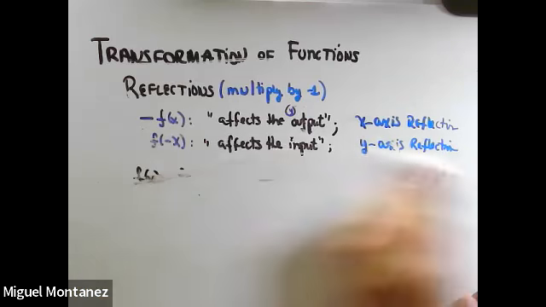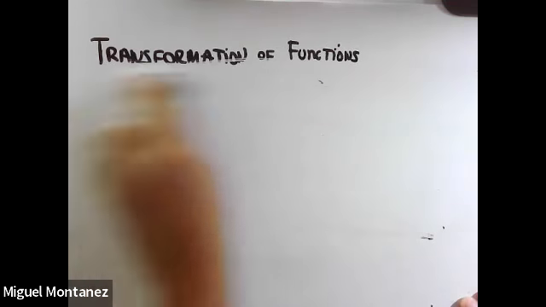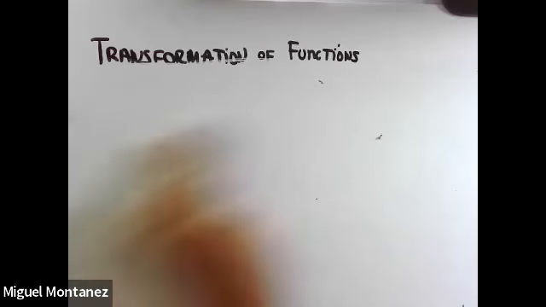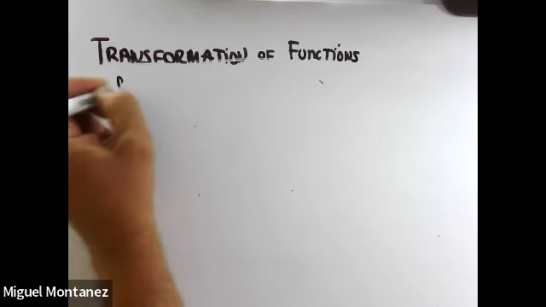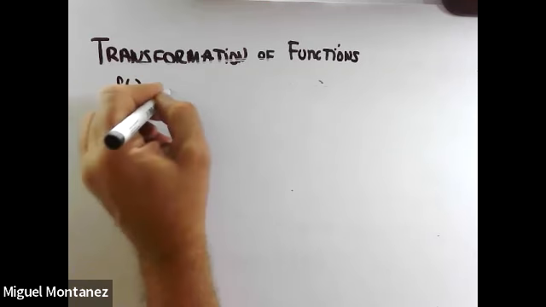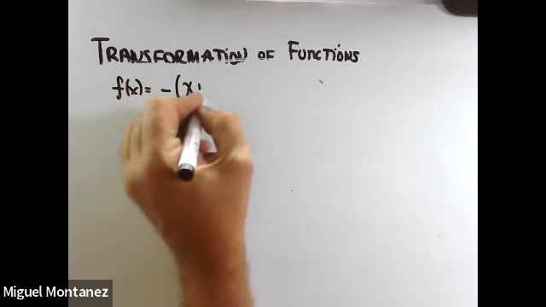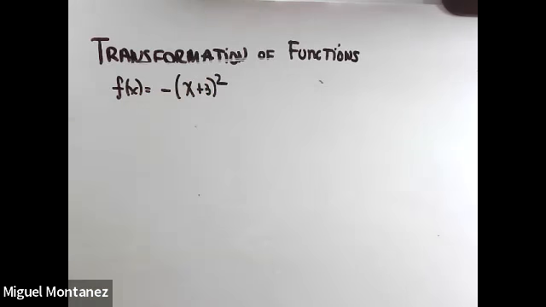So let's go ahead and do 2 examples, or 3. What if I have the following, folks? f of x equals minus parentheses x plus 3 squared.